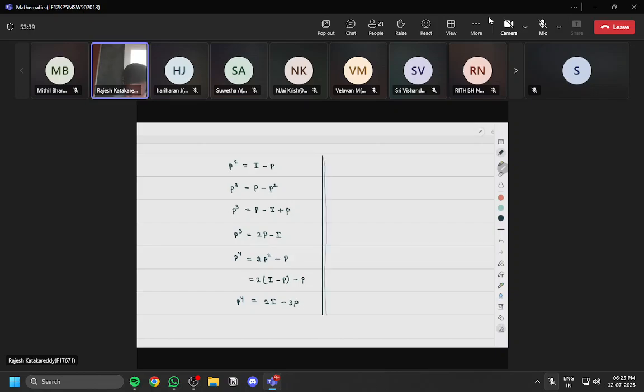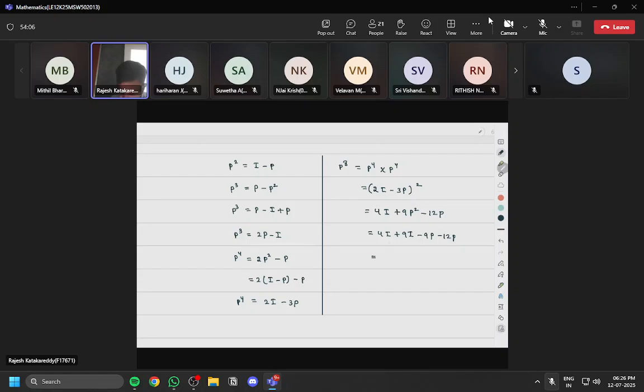P power 8 is P power 4 into P power 4. So this is (2I minus 3P) whole square. So this is 4I plus 9P square minus 12P. So this is 4I plus 9I minus 9P minus 12P.